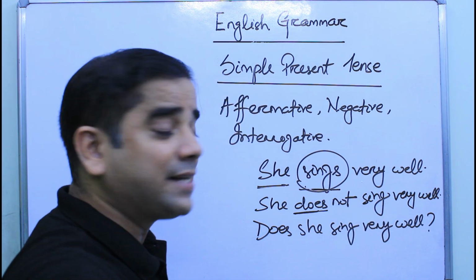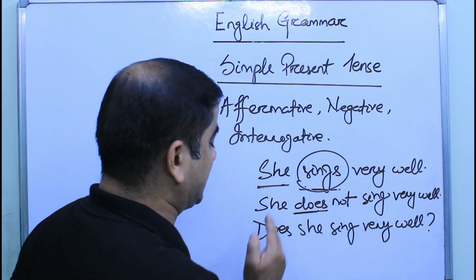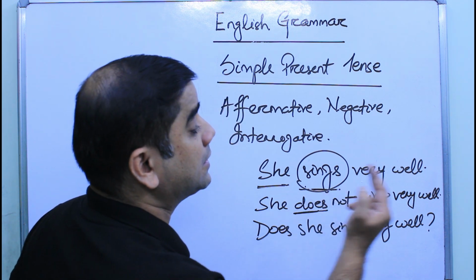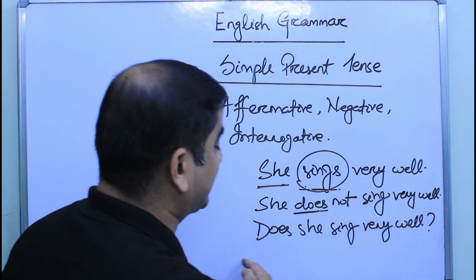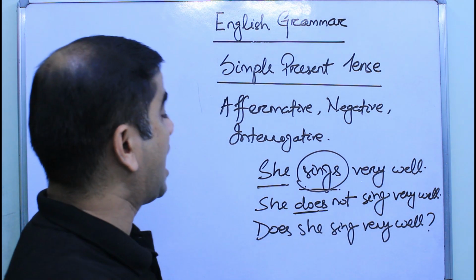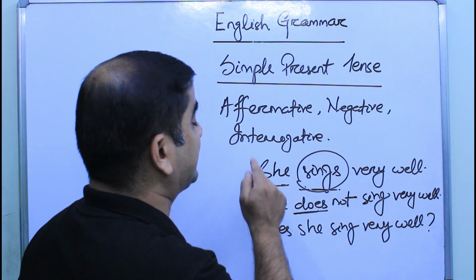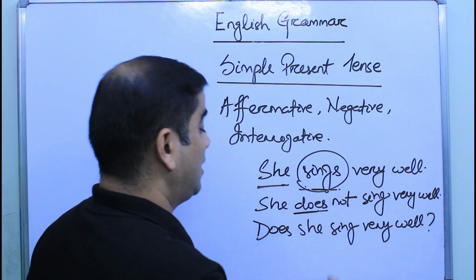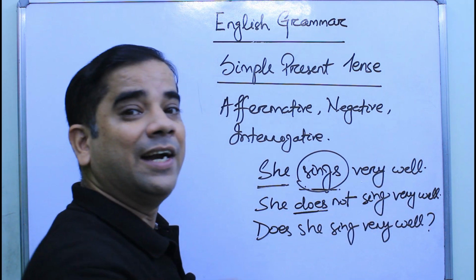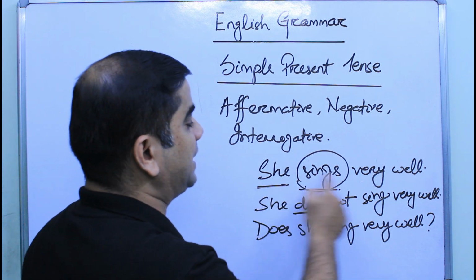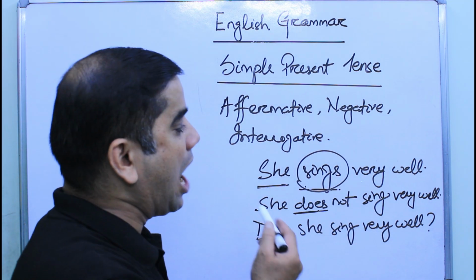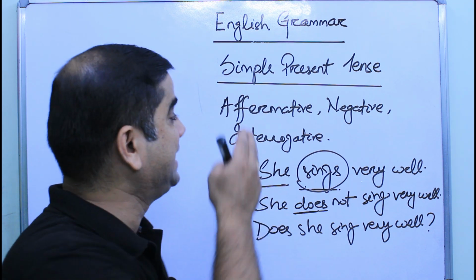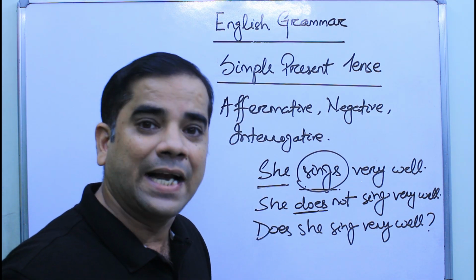The helping verb does is extracted out of sings and put at the front of the sentence, and a question mark is put at the end to make the interrogative sentence out of the affirmative sentence. She sings very well. Does she sing very well? It is the interrogative form of this sentence. I hope you have now understood how to use simple present tense in these three forms of the sentence.